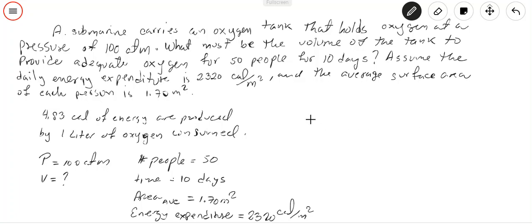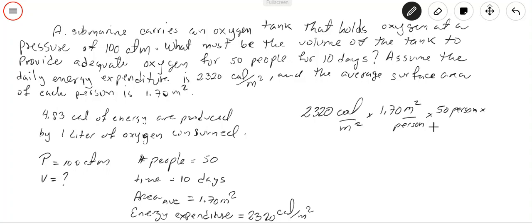So we say that 2,320 calories per square meter, that is, the energy expenditure for one person, multiplied by the average surface area of a person, that is 1.70 square meters per person, times the number of persons, 50 persons here, times the number of days, that are 10 days.